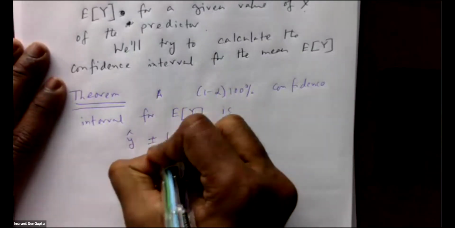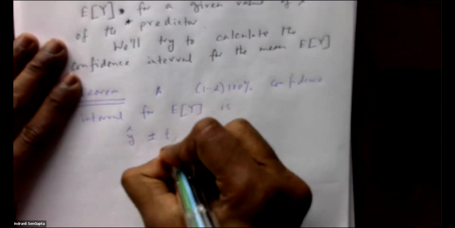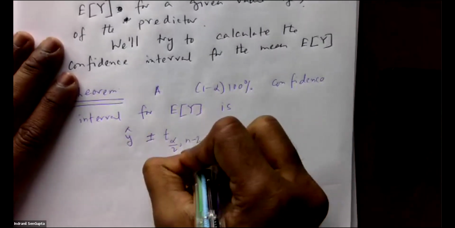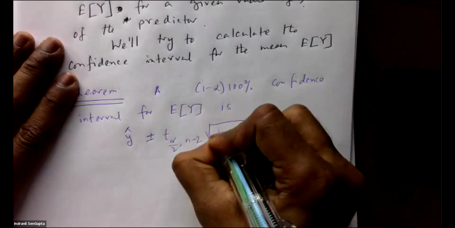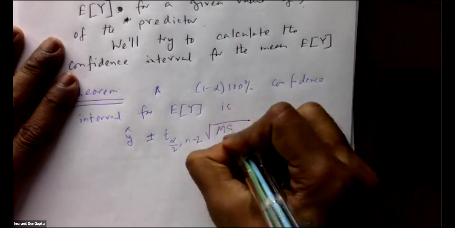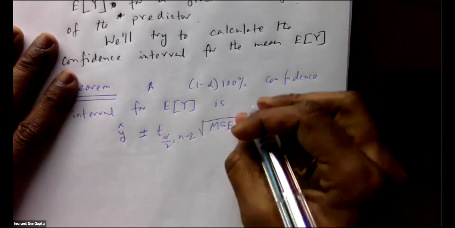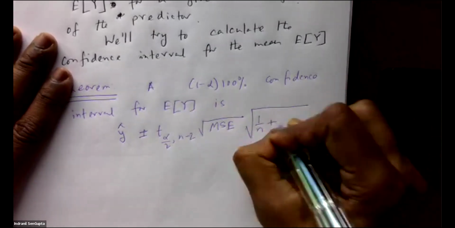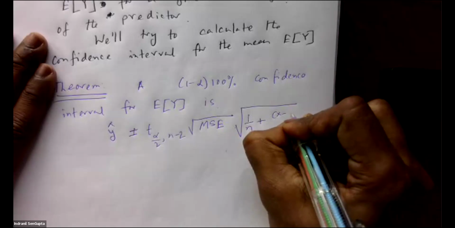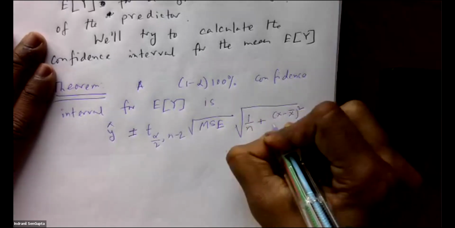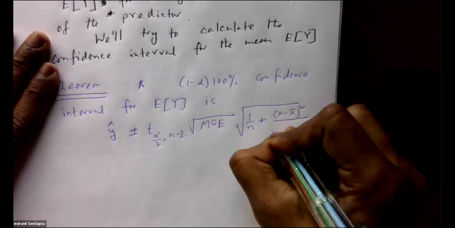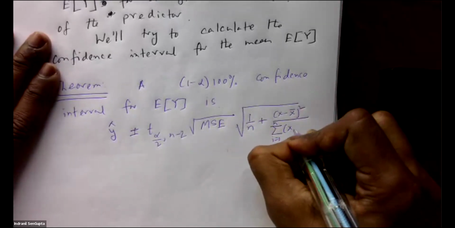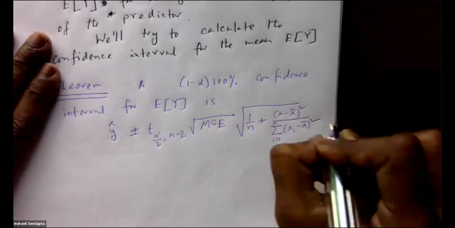Plus or minus t of alpha over 2, comma, n minus 2, square root of MSE. We have discussed this last time. I'll write it again: 1 over n plus x minus x bar squared over summation xi minus x bar squared.